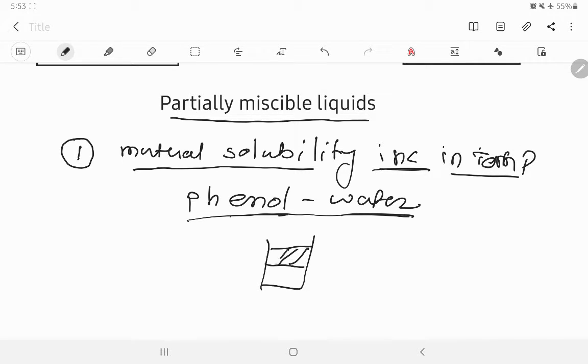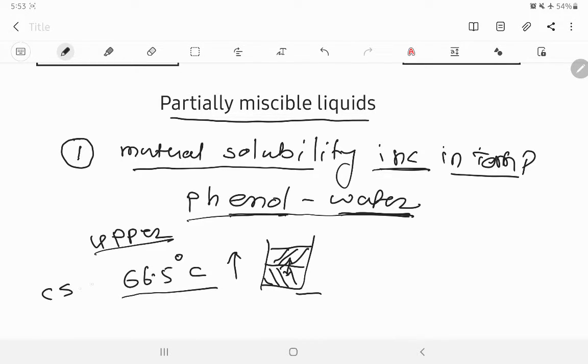One layer is water in phenol, the other layer is phenol in water, and on increasing temperature both mutual solubilities go on increasing, and at a certain temperature, that is 66.5 degrees Celsius, these partially miscible liquids become completely miscible, and above this temperature in any proportion phenol and water are completely miscible with each other. That's why it is called the upper CST.